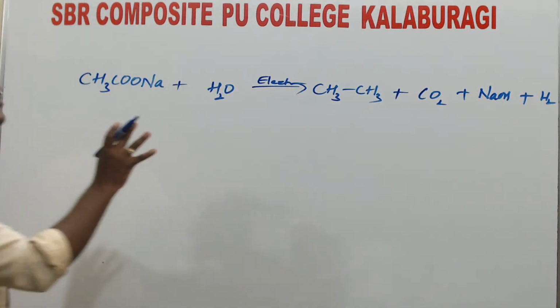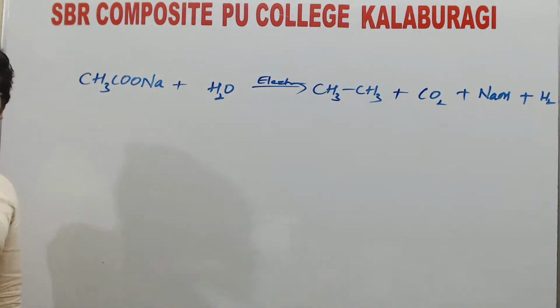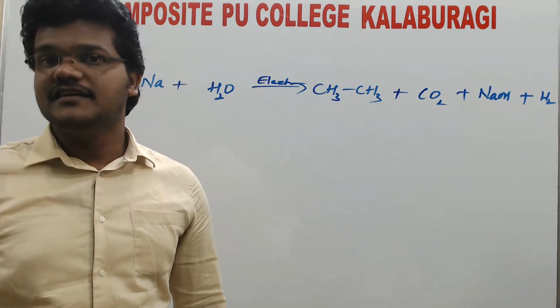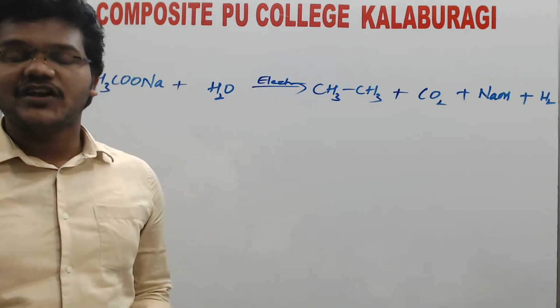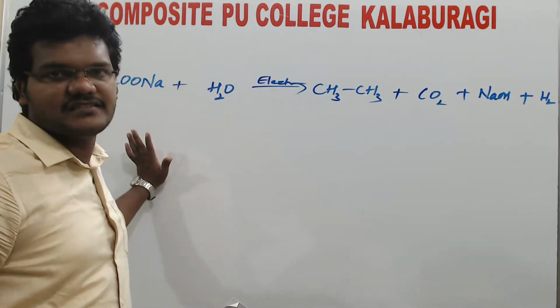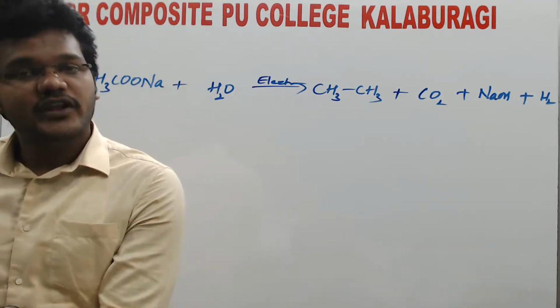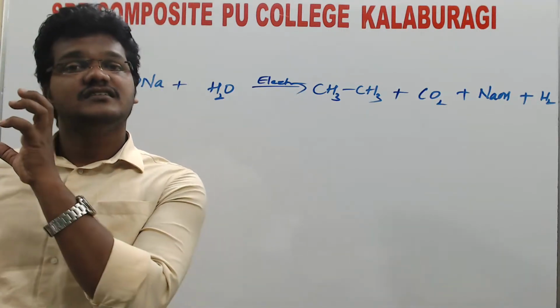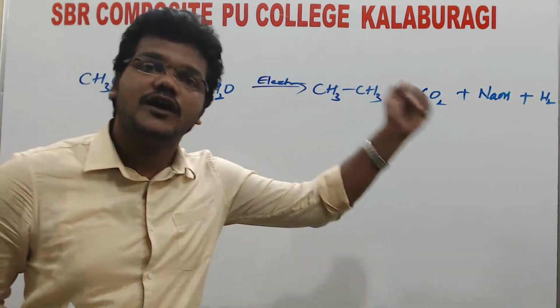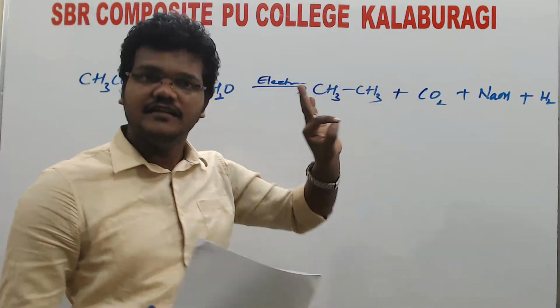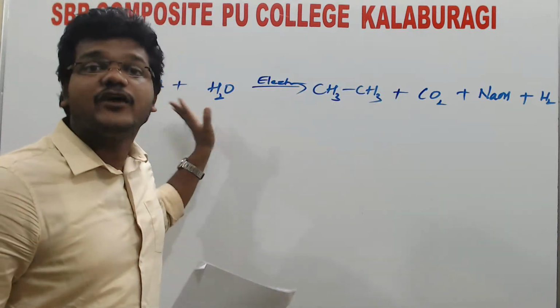I hope you remember this reaction. We might have studied this while preparing alkanes. This is nothing but Kolbe electrolysis. Please remember that in Kolbe electrolysis, sodium or potassium salts of carboxylic acids are converted into alkanes. So sodium acetate is converted into ethane by electrolysis of its aqueous solution.